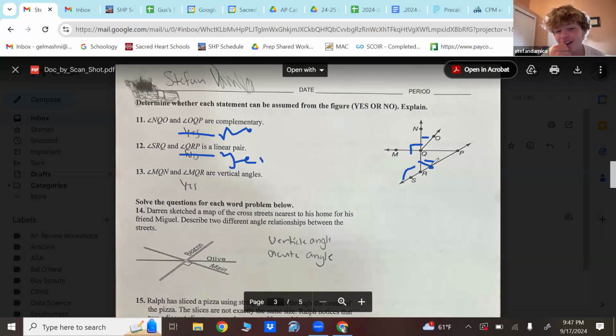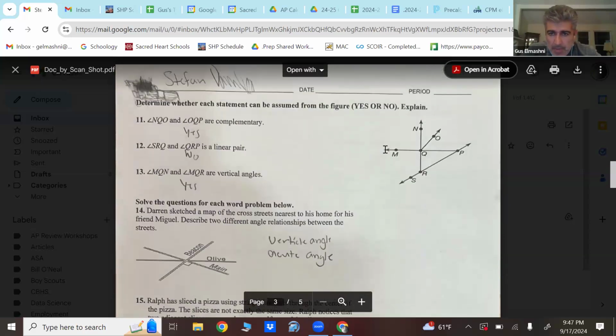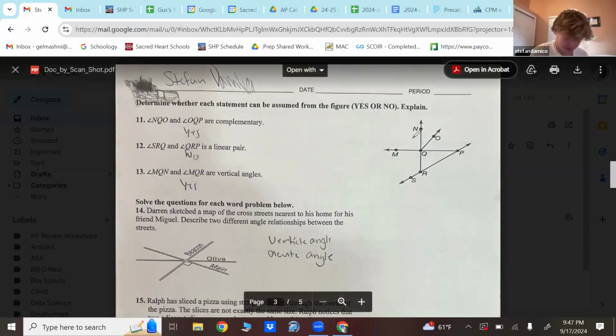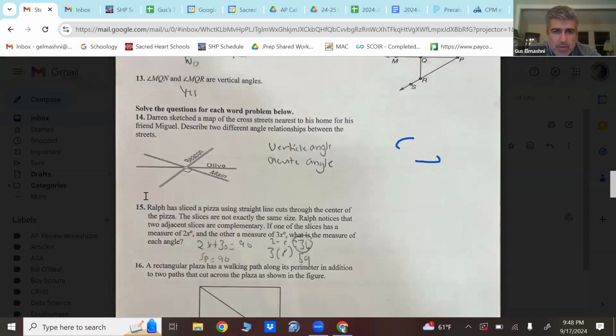MQN and MQR, not vertical, not opposite each other. That's a no. Okay, so you kind of botched that one. But this is why I'm recording it, so you could review later. Opposite angles would be like MQN and RQP, directly opposite each other, congruent.